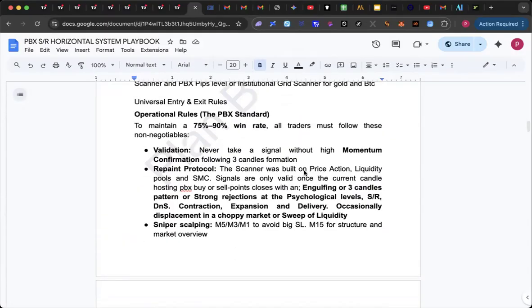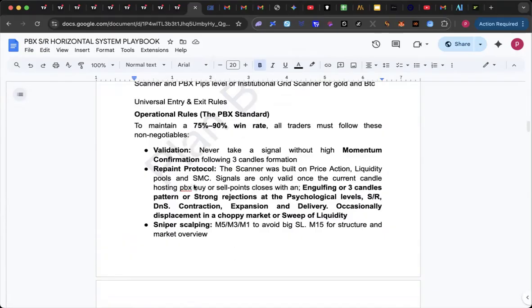The scanner was built on number one, price action, number two, liquidity pools, and number three, SMC. Signals are only valid once the current candle closes hosting PBS, all right?